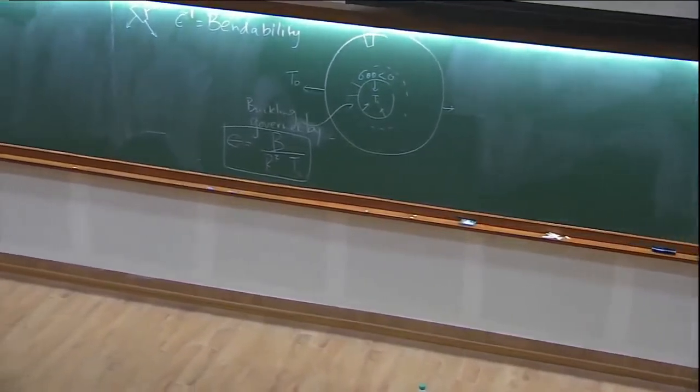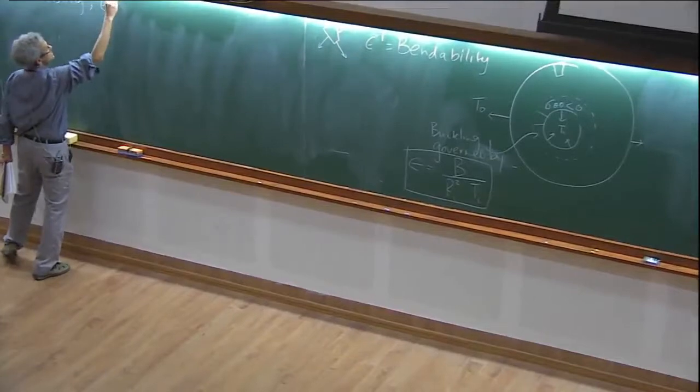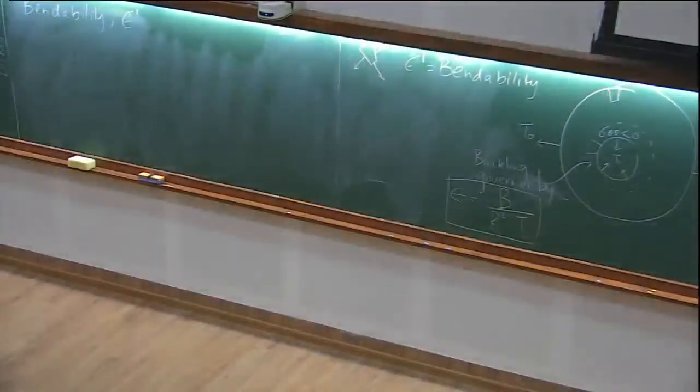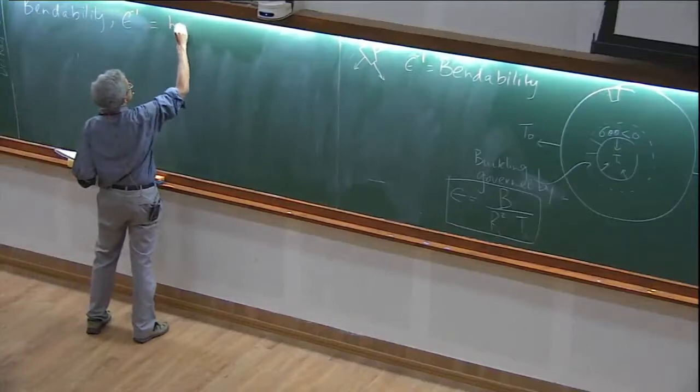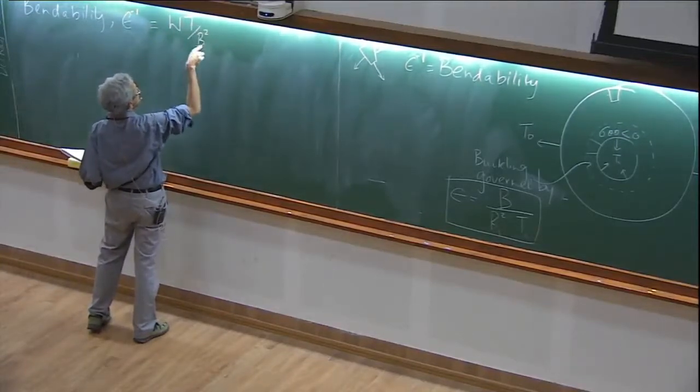I think it's a nice phrase, but it's unfortunate that its inverse was the thing that got defined. So we're always talking about inverse of something. So the bendability is this times some size times some force divided by.